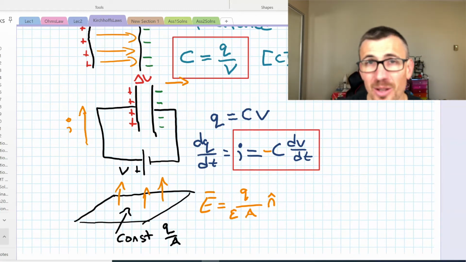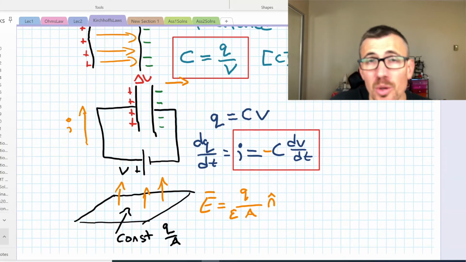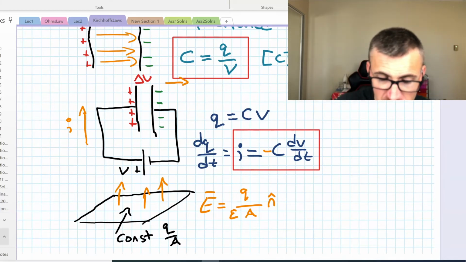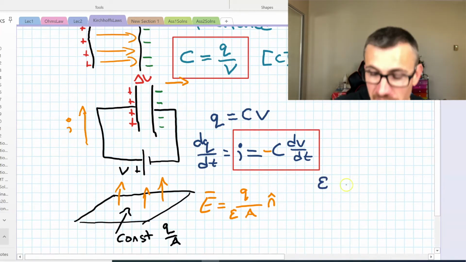So what is epsilon? Epsilon is a material property, the same way that rho was for copper or silicon. It has one value for air and some other value for plastic. Epsilon is called the permittivity.